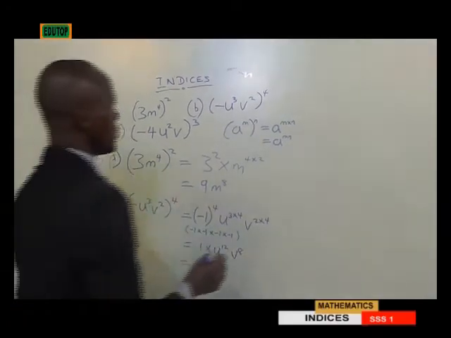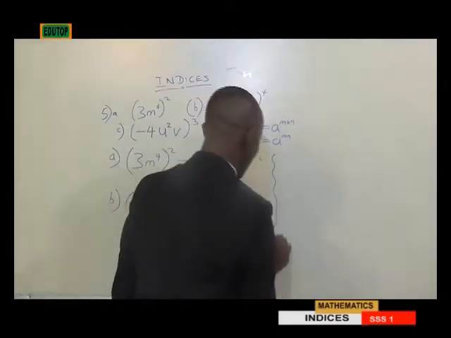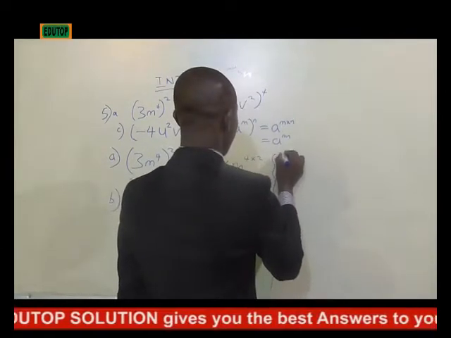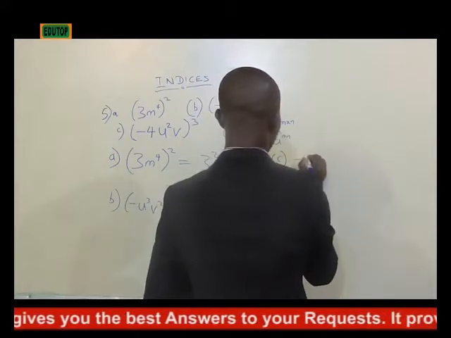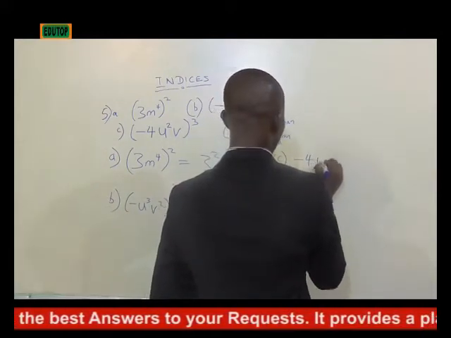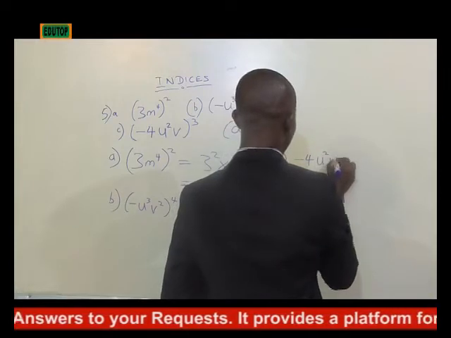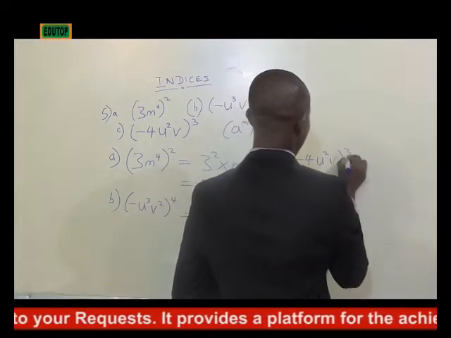Now for C, we have minus 4 u squared v, everything raised to power 3.